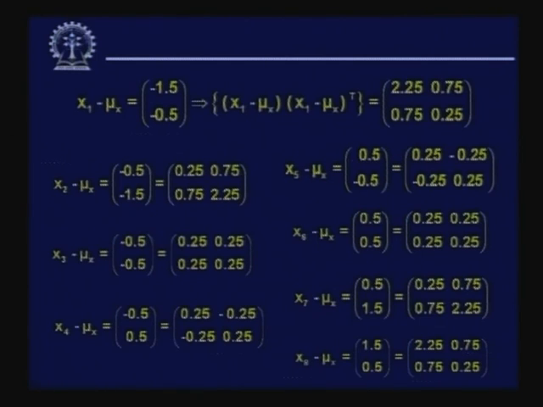So, we can find x 1 minus mu x into x 1 minus mu x transpose. If we compute this, the value will be 0.25, 0.75, 0.75 and 2.25.